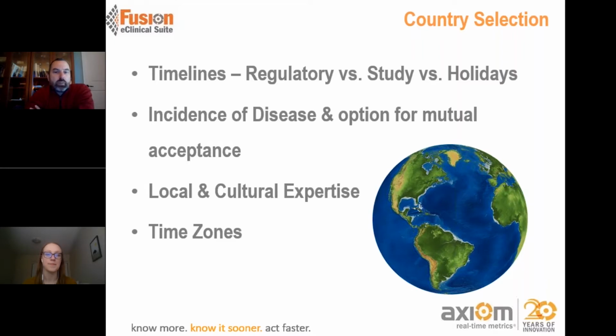You also want to think about the incidence of disease and the populations that you're looking to recruit in those different areas. You want to have that consideration right at the forefront so that you can target those populations for maximum recruitment potential. That will vary from region to region, of course.